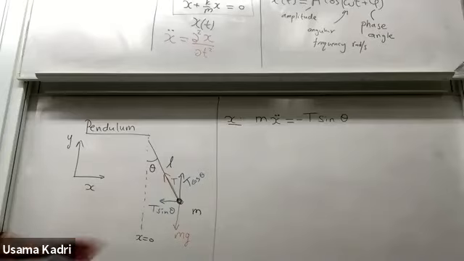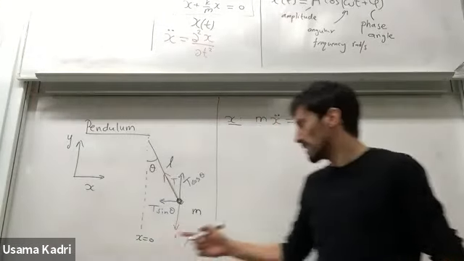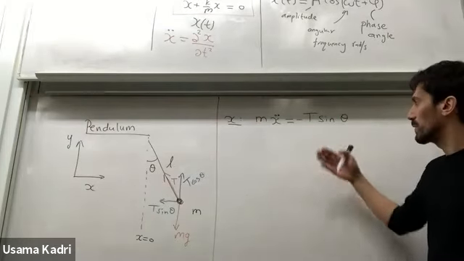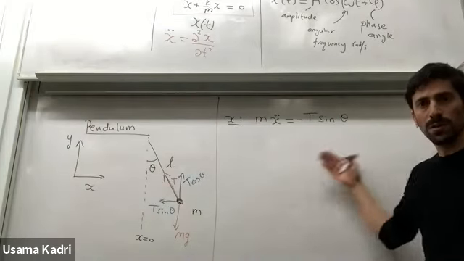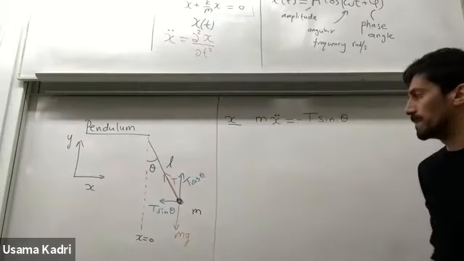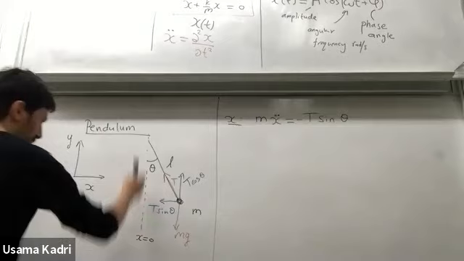Minus, again, is because, well, you can see that it is in that direction. But now if you want to read in terms of the physics, it's restoring the motion to the x equals 0 point.